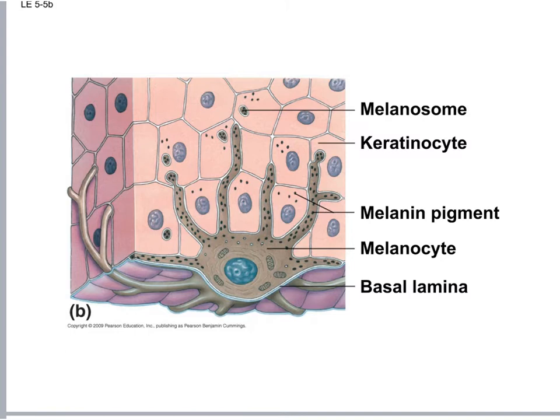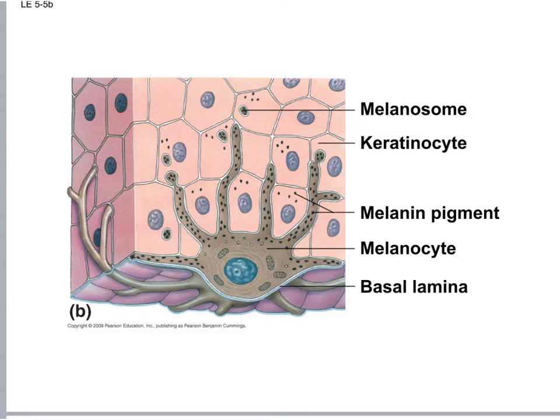You can see that it reaches up into the basal layer, and it can even reach up into that next layer, the spinosum layer. Okay, so it can go from the basal layer and extend up into that spinosum layer. What this cell does is it produces a brown pigment.